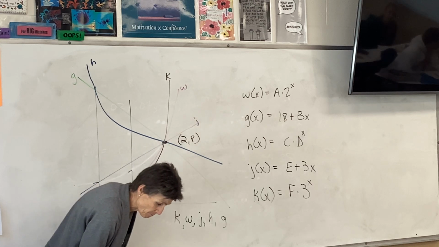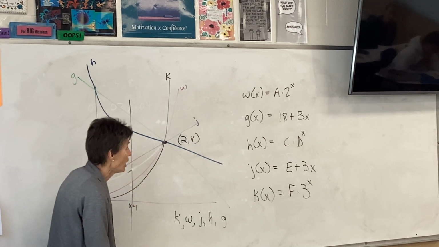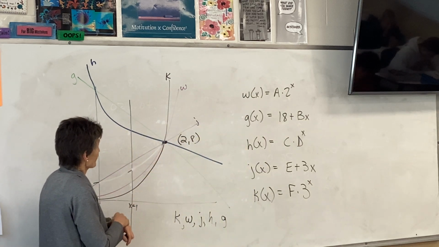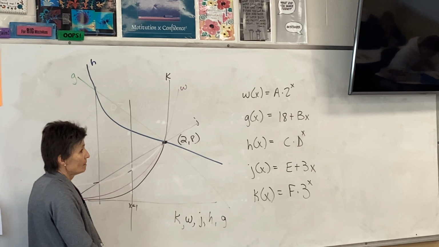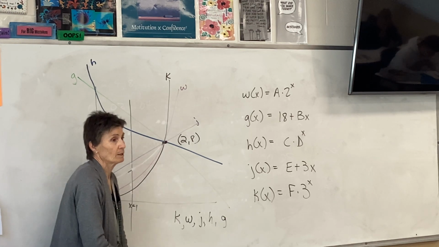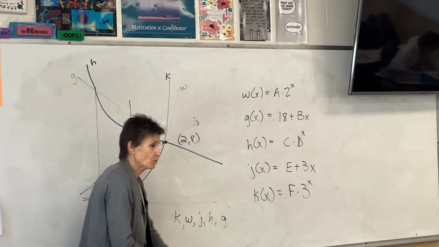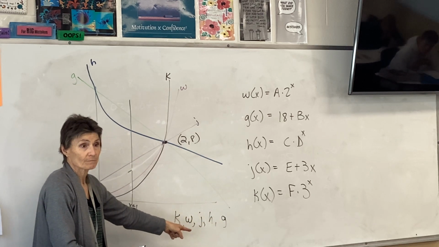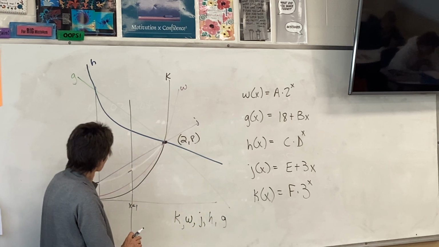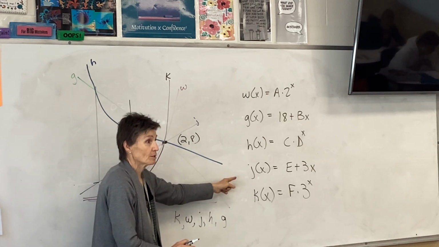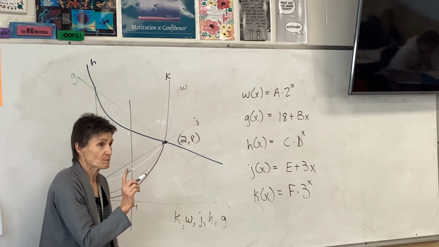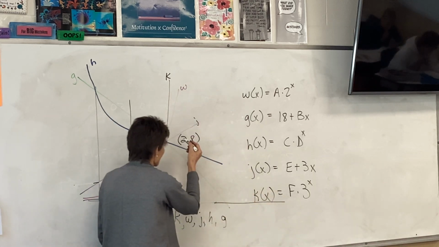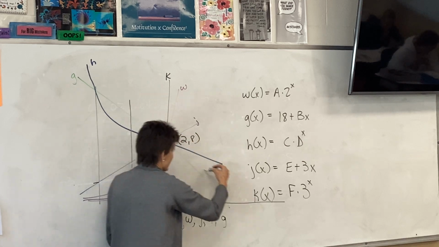All right, now we're doing the same thing, but at 100, which is way out here someplace. Which is going to be the smallest as we go to 100? The smallest is going to be G, isn't it? And then comes H. Now remember, H is exponential, so it's going to keep going down, but it is going to curve.